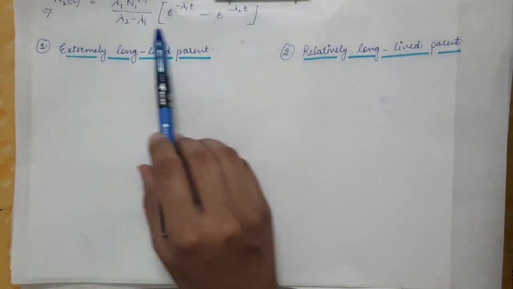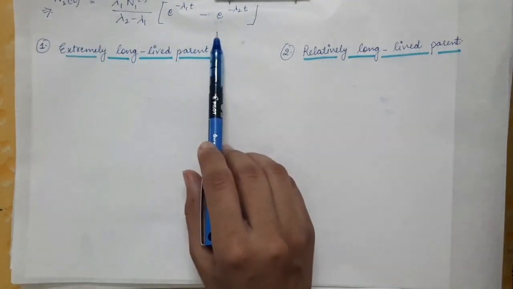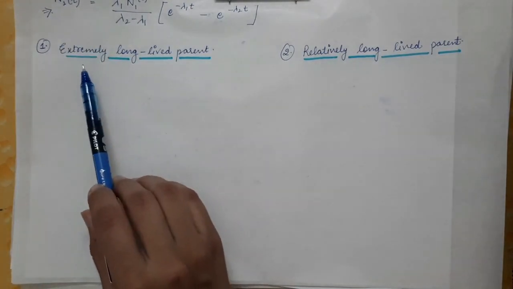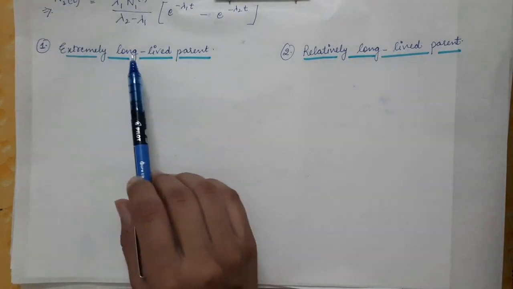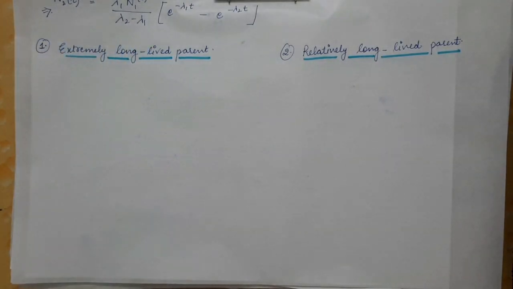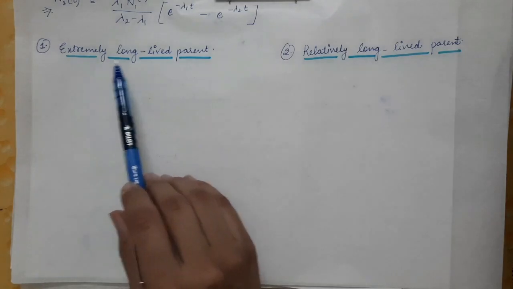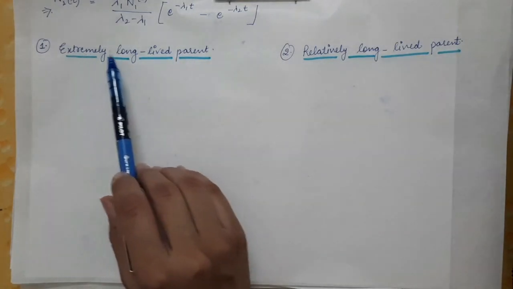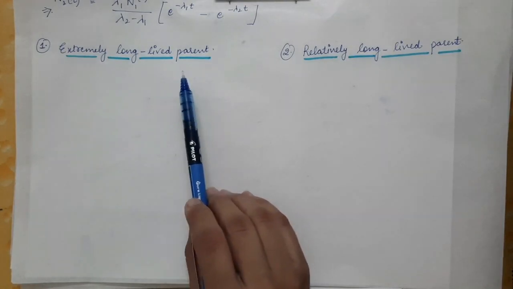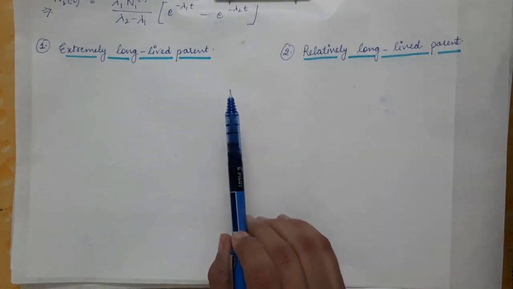So this one is the general formula to find the number of daughter nuclei. But now when the parent is extremely long lived, we will see what form this formula will take. Extremely long lived means they exist for a very large time as compared to the daughter nuclei.